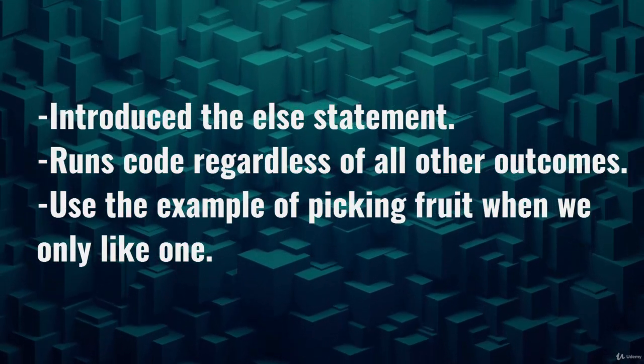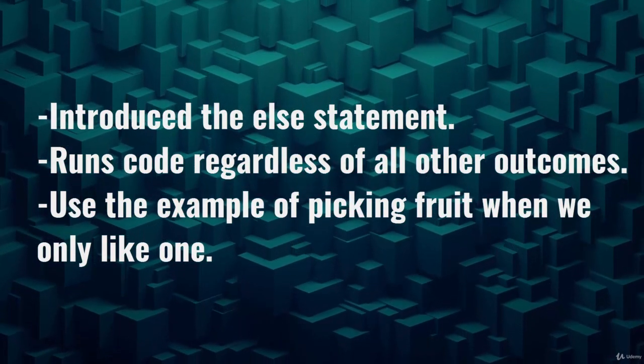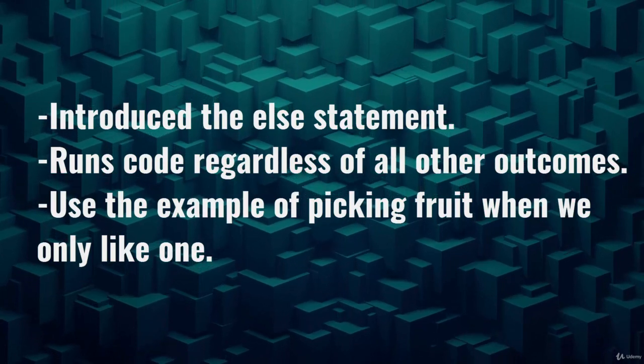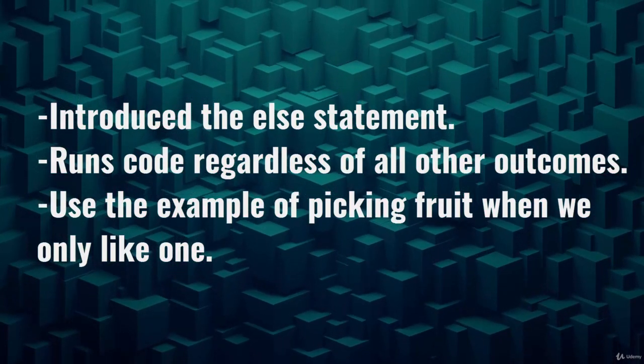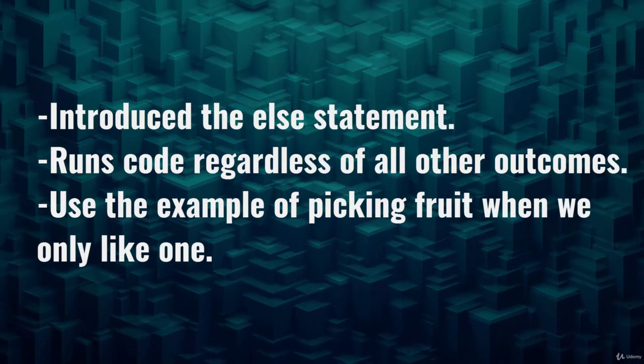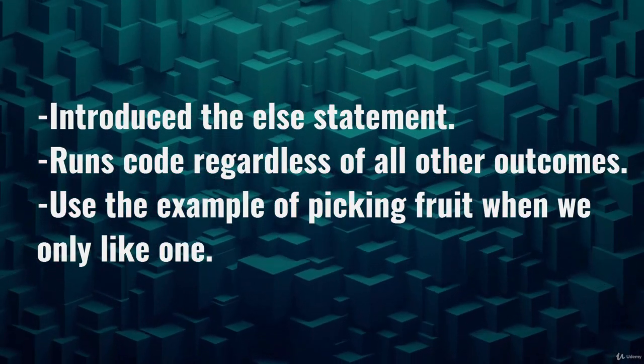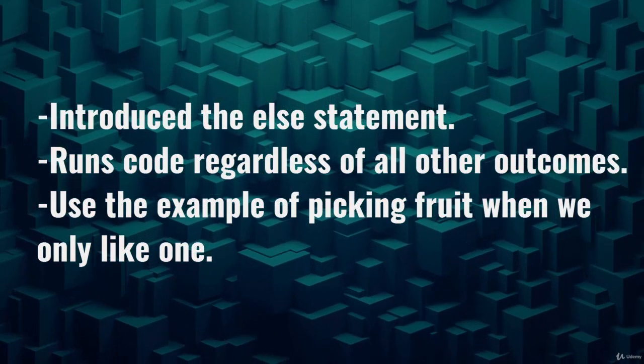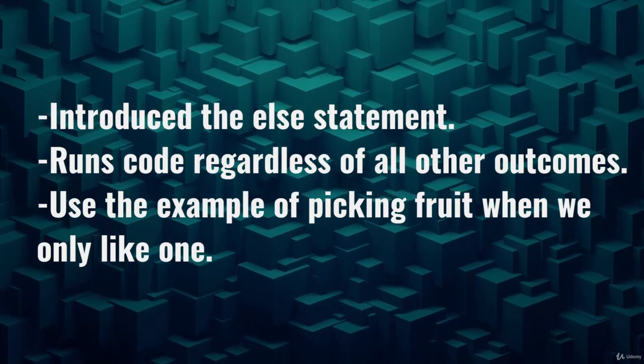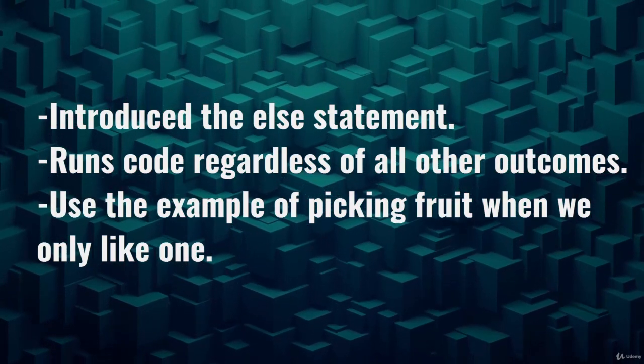We just wanted some kind of generic message after that. So that's where else statements come in handy. They're really good when there are many different possibilities, but we're only interested in one of them, and for the others we can do the same thing for all of them.